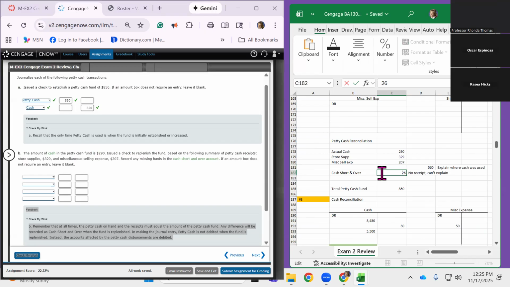So we are going to see how much short we are. So we had the actual cash and the receipts, right? That adds up to 560, but we're missing some money. The missing is how much the total should be minus what we can account for. Okay, so we could only account for, I believe, $290. The amount of cash on hand is $290.